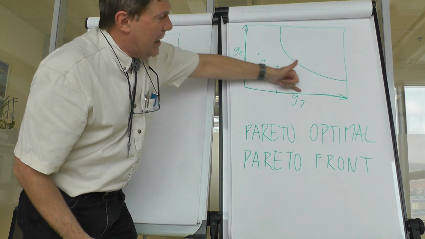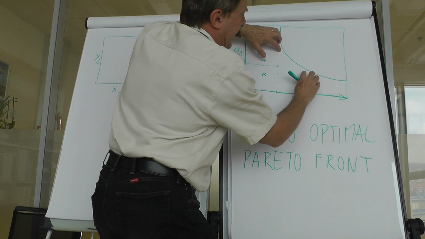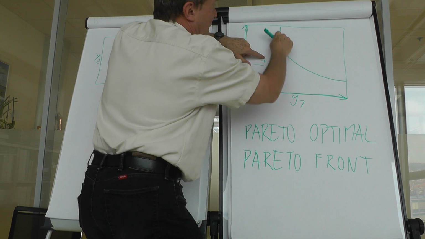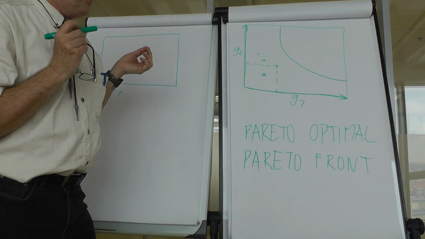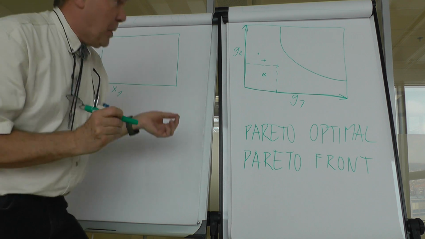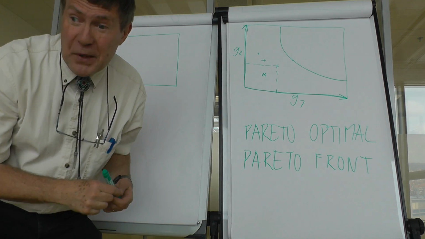We have something like an advancing Pareto front that moves and finally would create the final Pareto front, which really has the property that any point on the front is Pareto optimal.